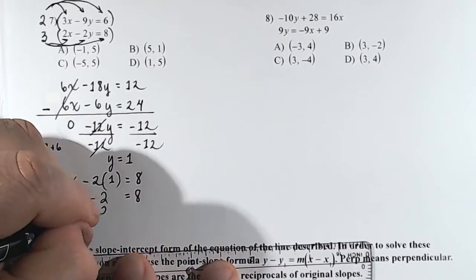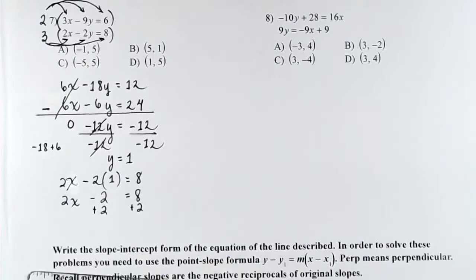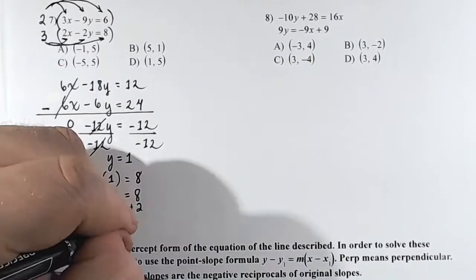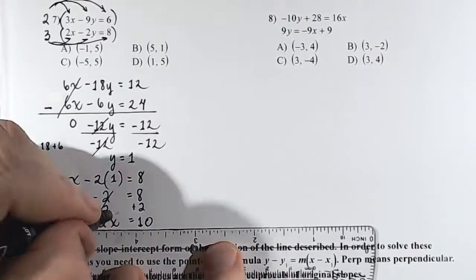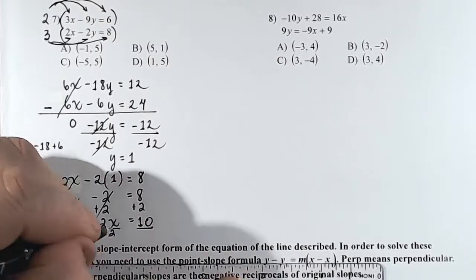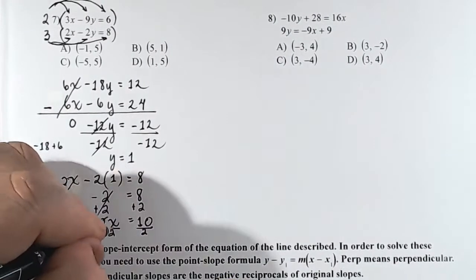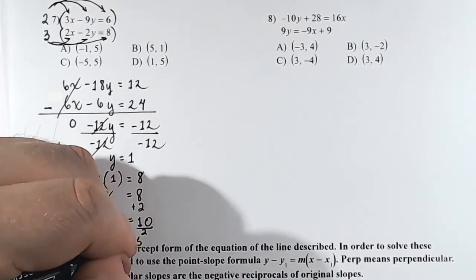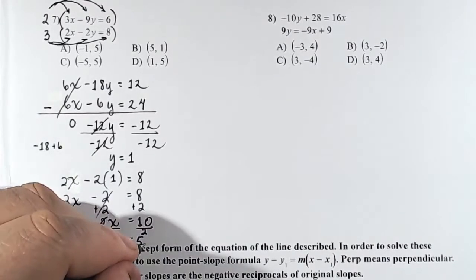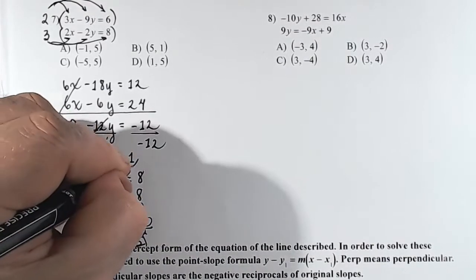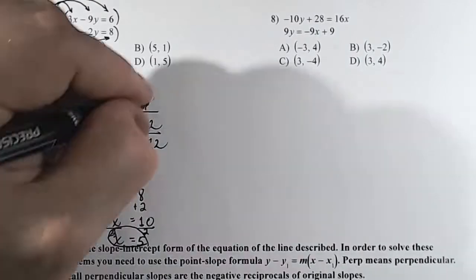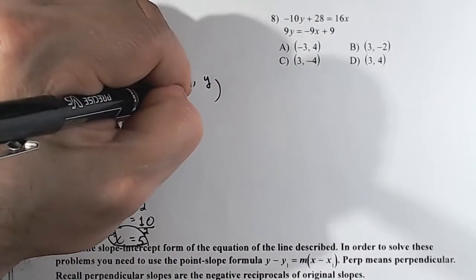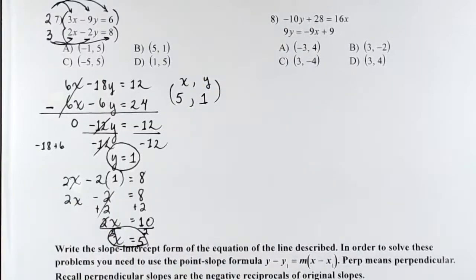I add 2 on both sides, and I have 2x equals 8 plus 2, which is 10. And then I divide both sides by 2. Those 2's cancel on the left, and I have x equals 10 divided by 2, which is 5. So now I have x equals 5 and y equals 1. So the solution to my system, x comma y, is 5 comma 1.